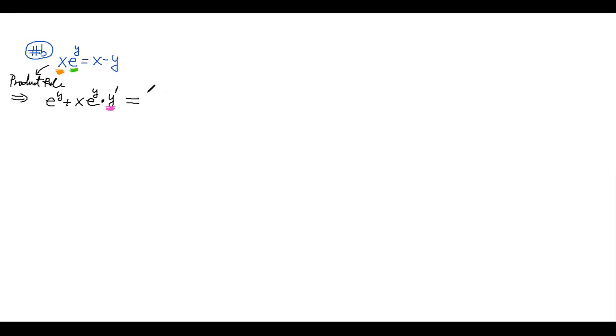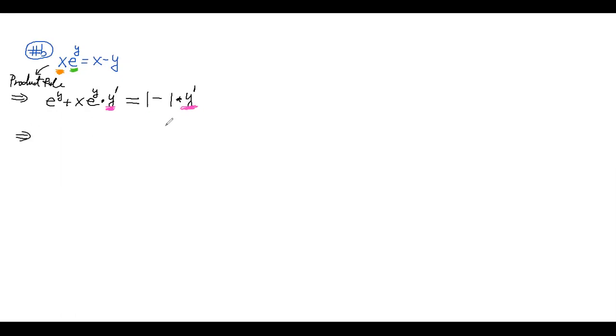So x, take the derivative, is 1. What is the y's derivative here? It will be 1, but don't forget y prime here. Remember this y prime. Those are the places that, if you're not careful, are going to kill you.